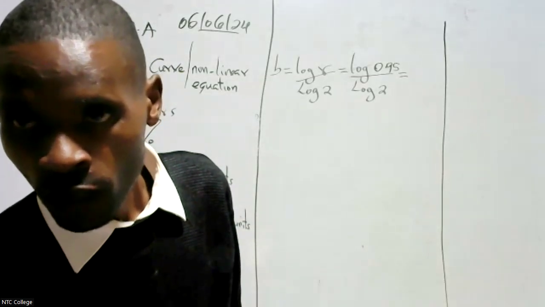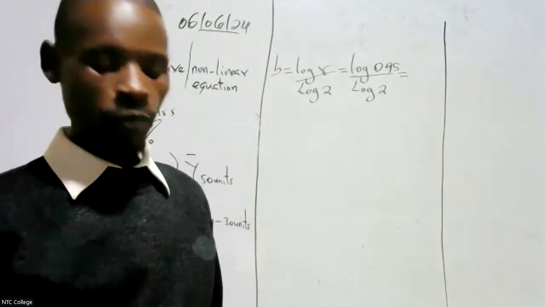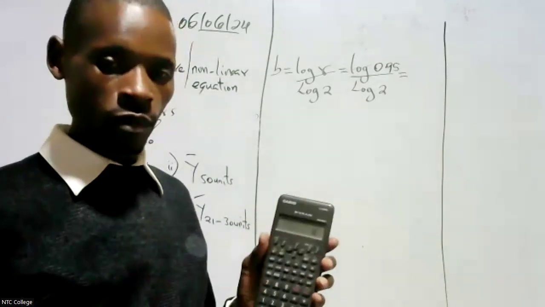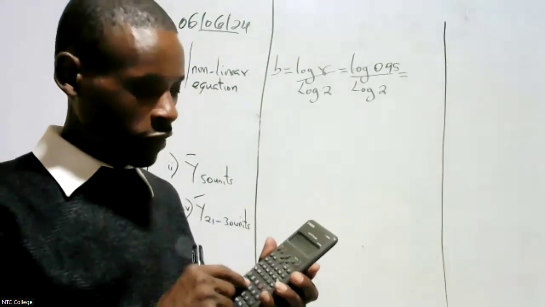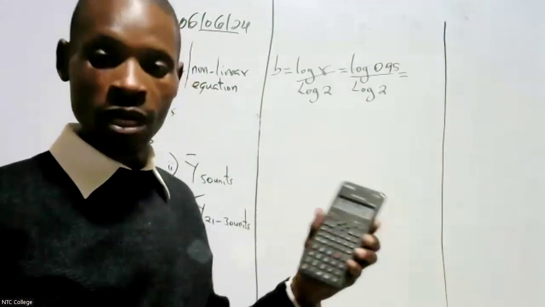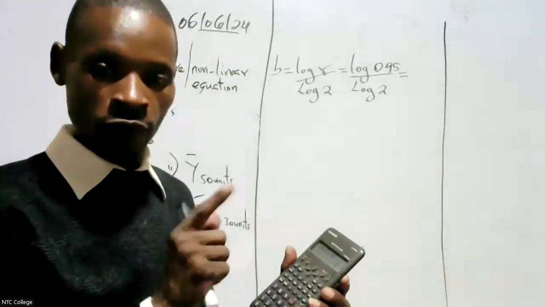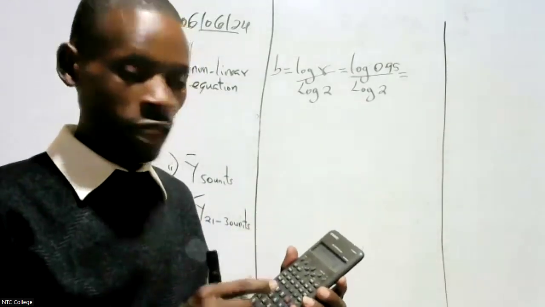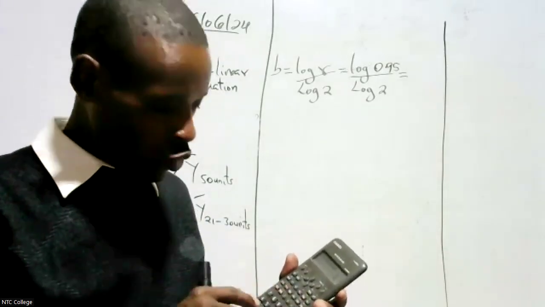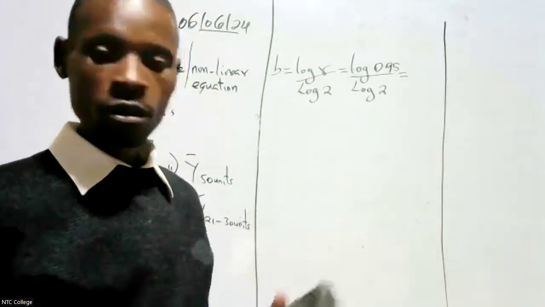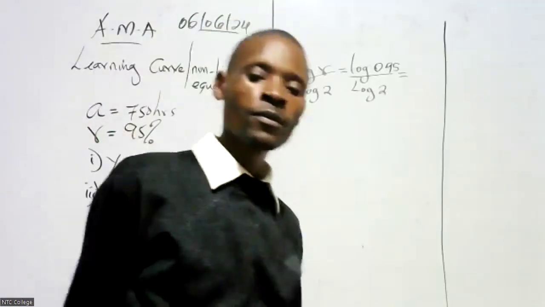Logarithm, the third button, log 0.95, divide by, the third button for dividing, then log 2, equal sign. Confirm?